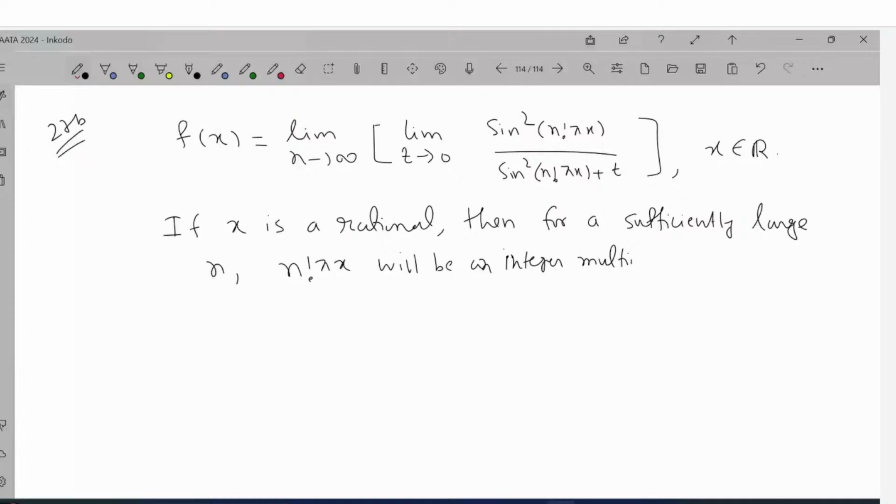Hence sine of n factorial pi x will be 0. Therefore f(x) will be 0.